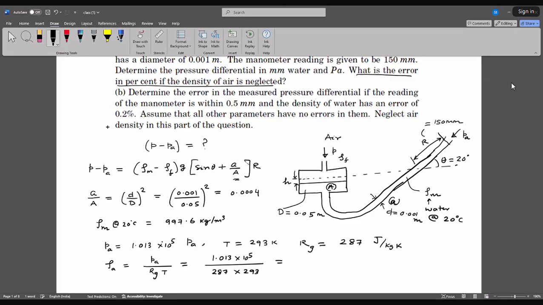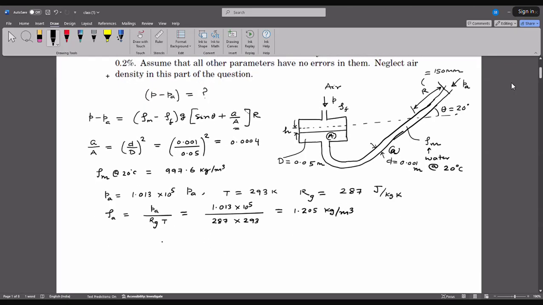So density of air will come out to be 1.205 kg per meter cube. So you take the pressure to be atmospheric, and the gas constant is taken to be 287 for air. From there, you can find the density of air.